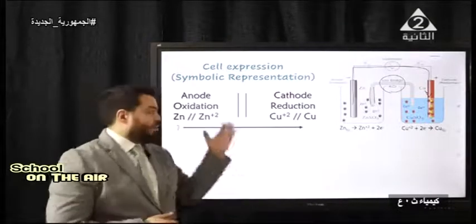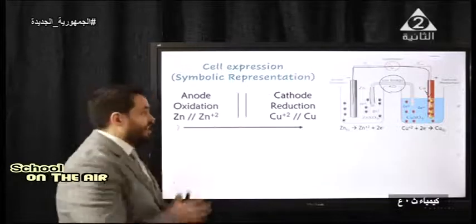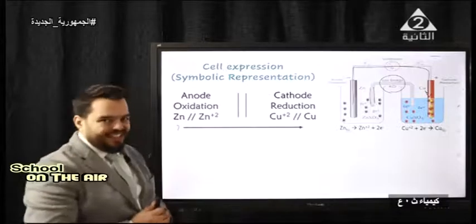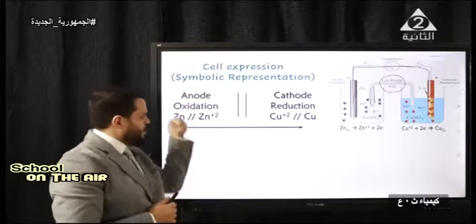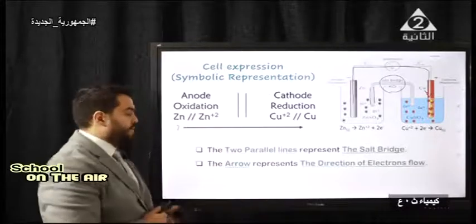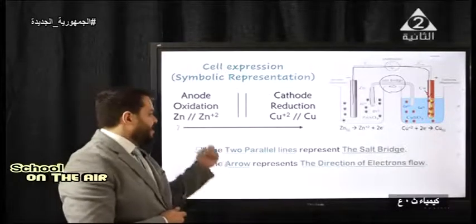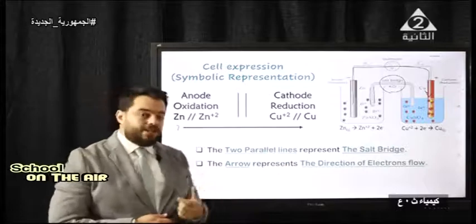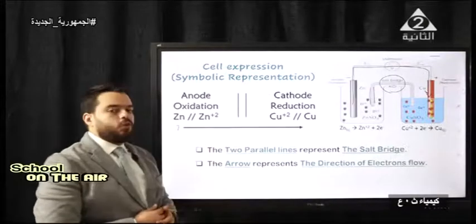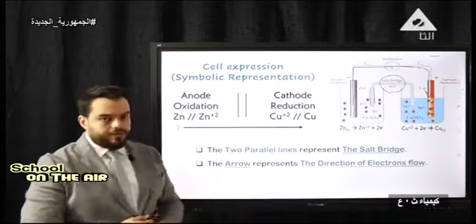Many students forget to draw the arrow that represents the transfer of electrons from anode to cathode, because the anode is losing and the cathode is gaining. So we have to summarize that the two parallel lines represent the salt bridge and the arrow represents the direction of electron flow from anode to cathode.